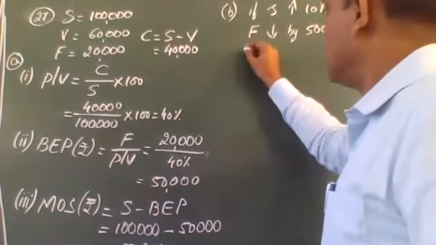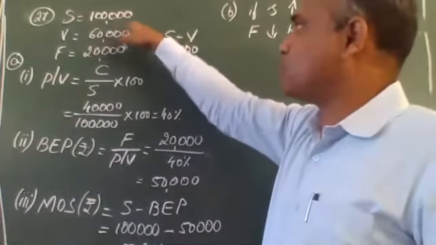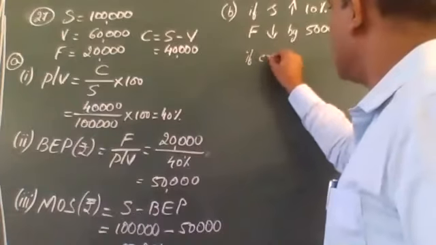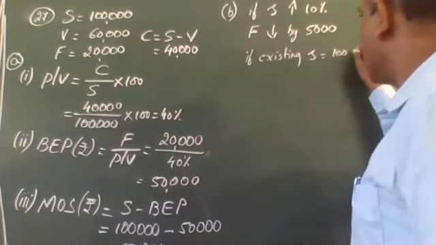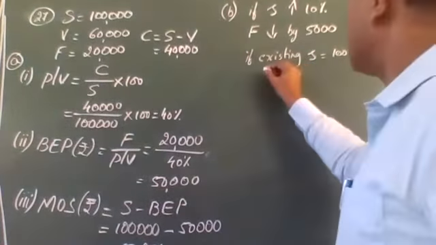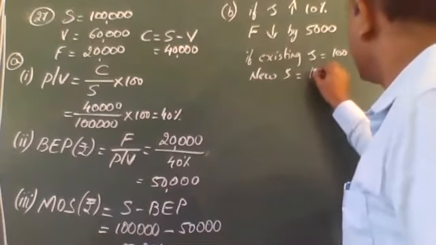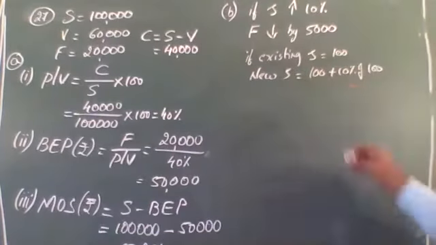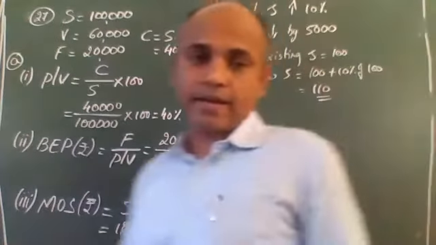So if you go back to the existing situation, if existing selling price is 100 rupees per unit, then the new selling price will be 100 plus 10% of 100, correct? So it will be 110. So the new selling price is 110.